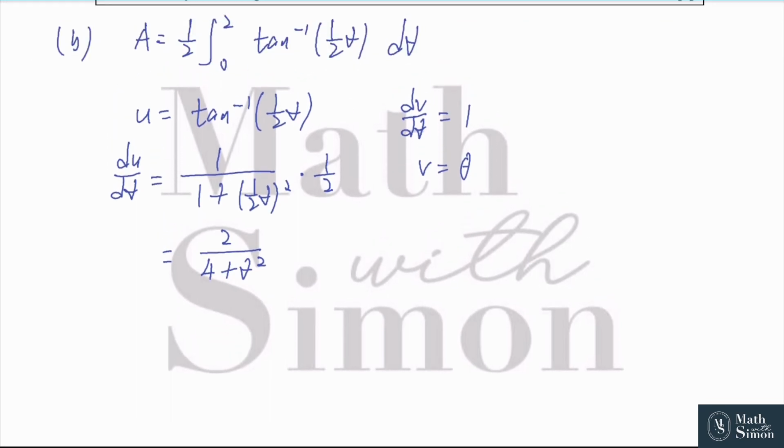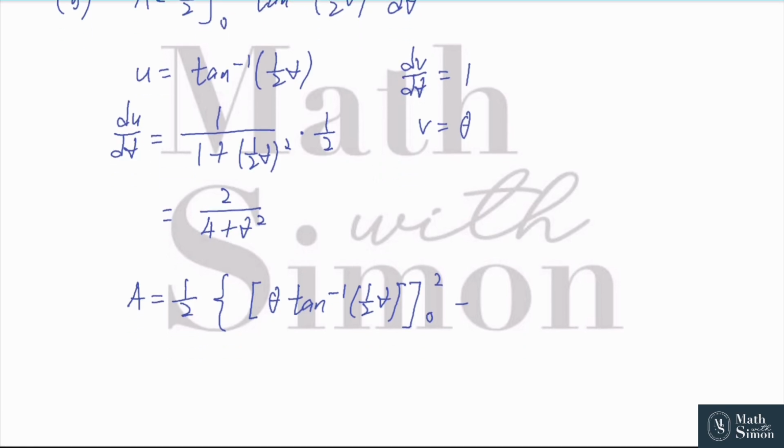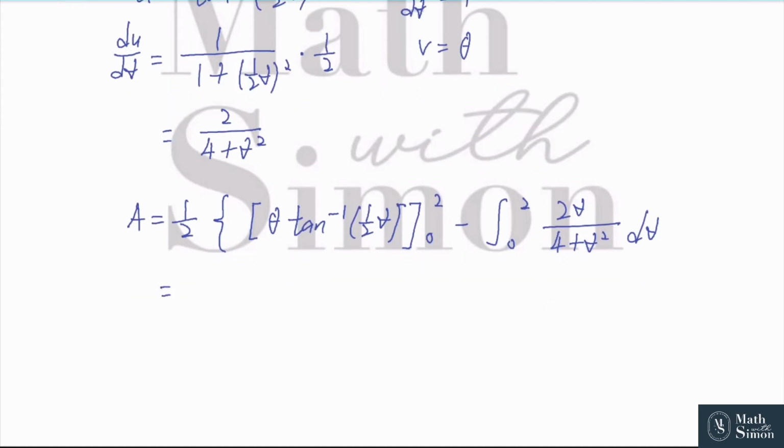Now we can integrate already. So half, we have got uv. I use a bracket again. So uv is theta times arctangent of a half theta, minus integration of the v du d theta.